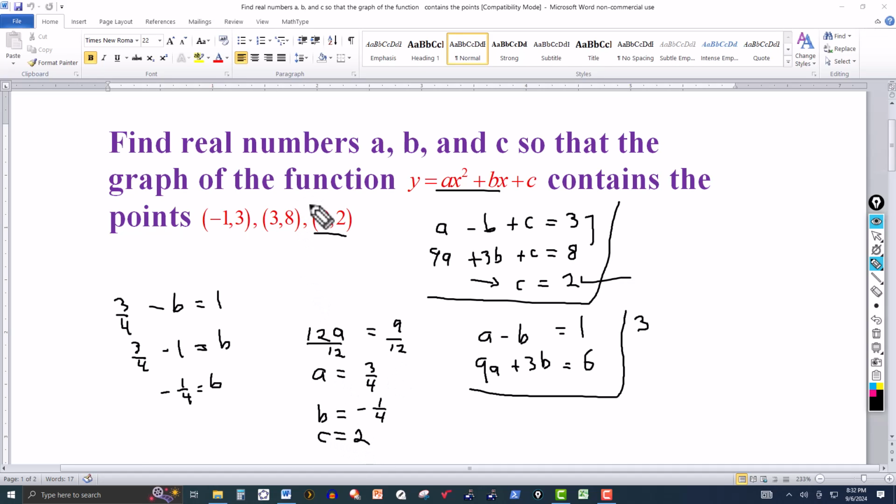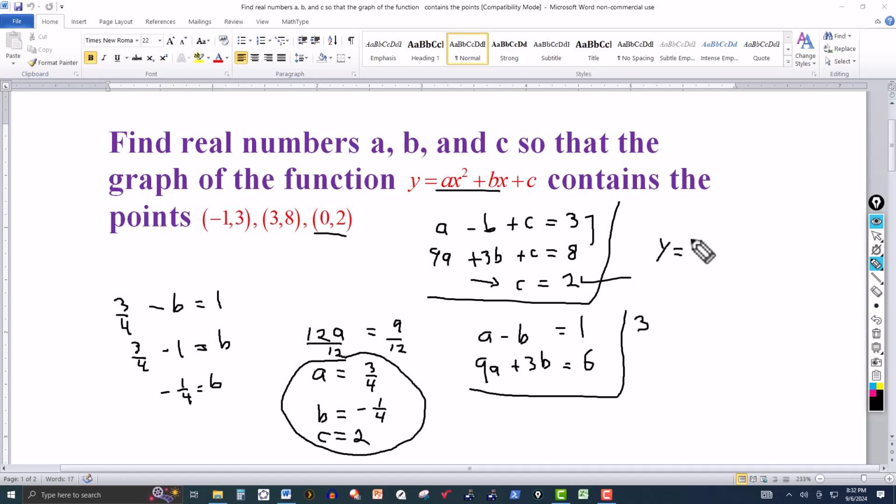So we found the real numbers a, b, c so that the graph of the function y equals ax squared plus bx plus c contains the points (-1, 3), (3, 8), and (0, 2). There it is. And if they ask you for the actual equation, all you have to do is plug in those values.